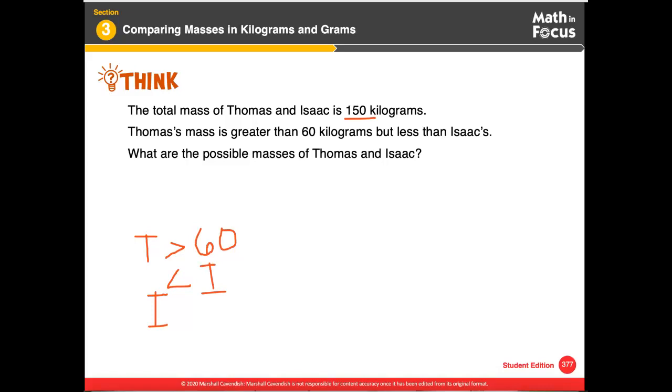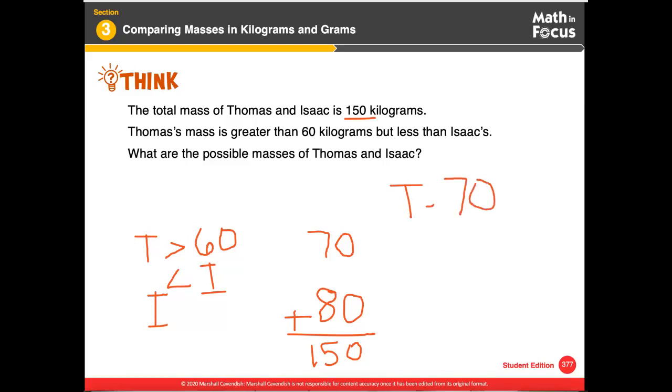Thomas could be 70. That's greater than 60, and that would make Isaac 80, because if we add these together, that's 150. So Thomas would have 70, and it would be less than Isaac's because Isaac has 80. Hopefully that makes sense how I did that.